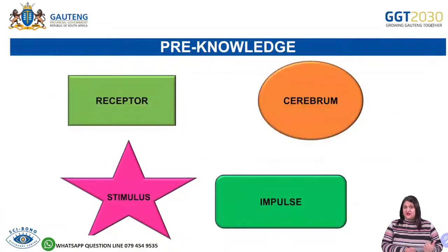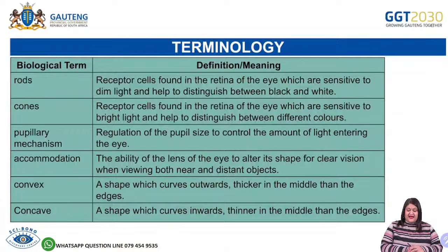The sensory neuron, to be specific, goes to the central nervous system, which is the cerebrum or the spinal cord. And then we have a motor neuron that takes the impulse away from the central nervous system to the effector organ. But why I want to mention the cerebrum now is because, remember, the cerebrum is the part of the brain that is going to interpret the information that has been received by the neuron. So I want us to think about all of these as we look at the human eye.